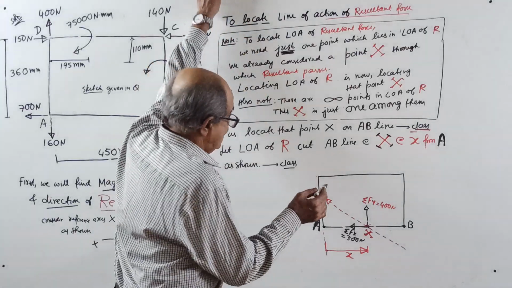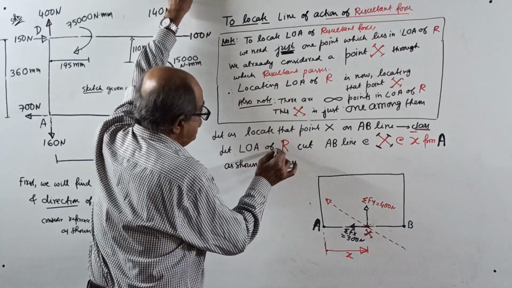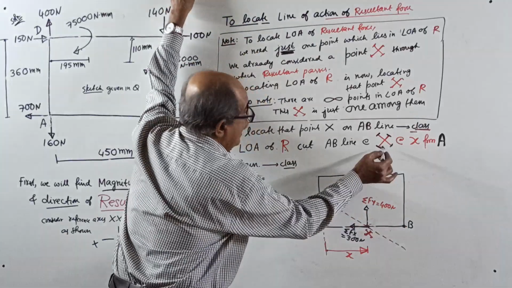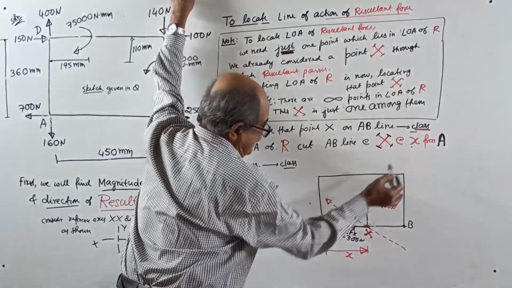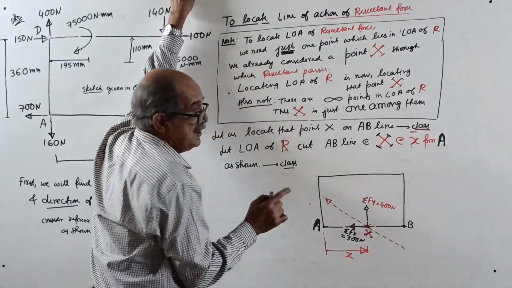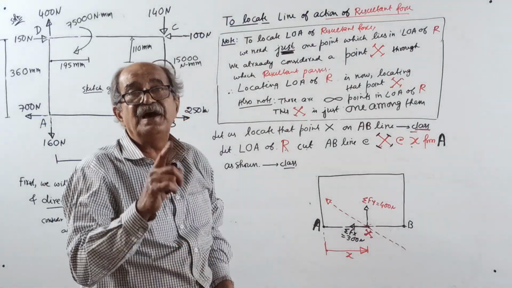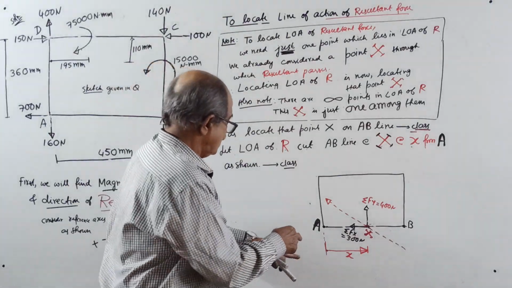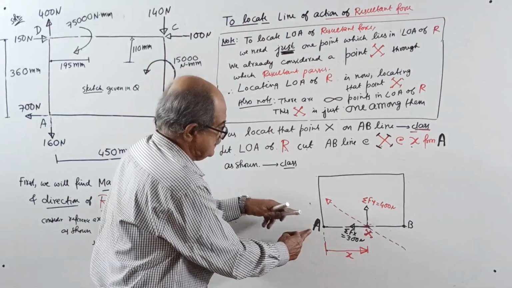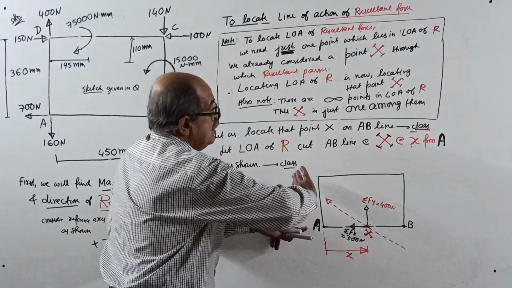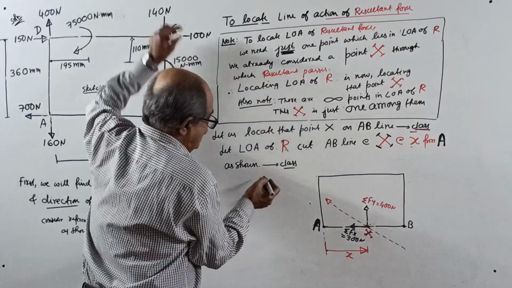Let the line of action of the resultant cut the AB line at an unknown point x, at x from A, as shown. Very important: decide correctly, x from where? x from A. Which side? We are taking the right side, right here.